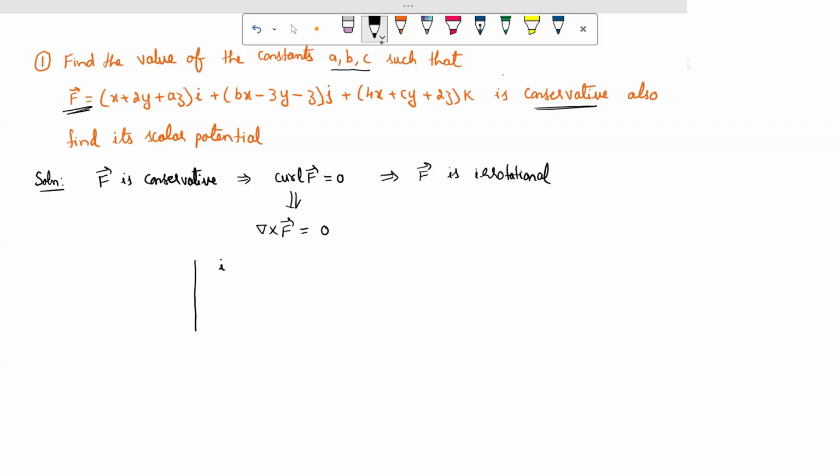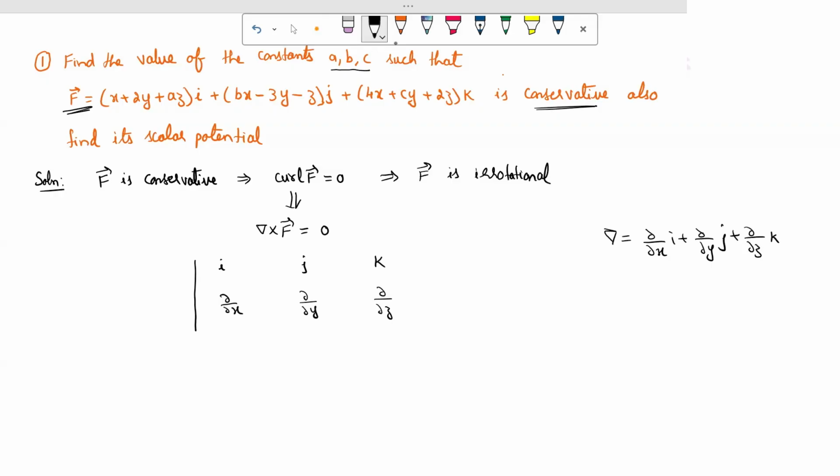The first row is i, j, and k. The second row represents the del values: the coefficient of i is dou by dou x, the coefficient of j is dou by dou y, and the coefficient of k is dou by dou z, since del equals dou by dou x of i plus dou by dou y of j plus dou by dou z of k.